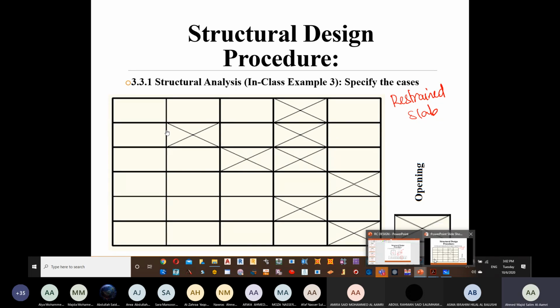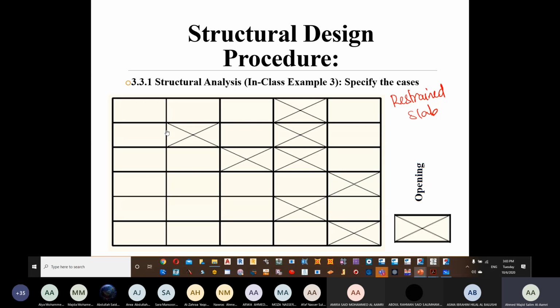When I say inside, does it mean that the slab has surrounding slabs? When the slab is inside, do you have slabs left and right, on the sides? There will be, right?